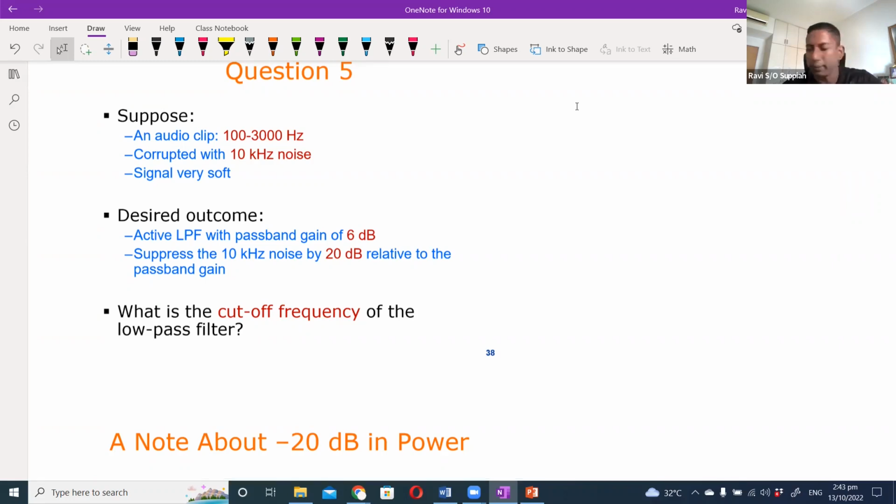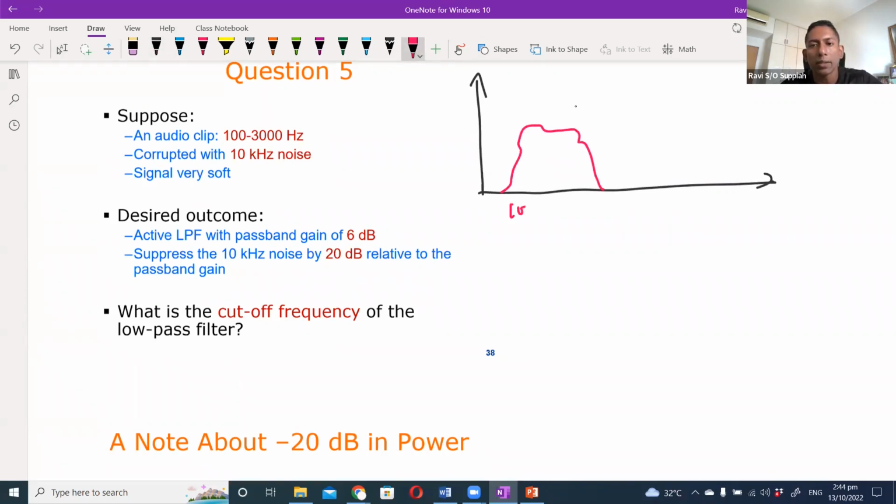All right, so what does that mean? If I were to draw the response that I want, or the frequency response of the system, we know that 100 to 3000 hertz is the signal that we want. We also know that at 10 kilohertz there is a noise spike.